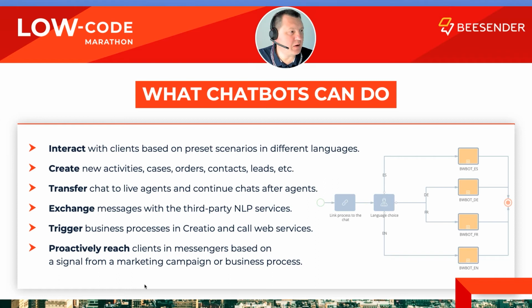Sometimes our customers want more than just a rule-based chatbot. They want to have a virtual assistant that behaves as a real person. For this purpose, they need so-called natural language processing chatbots, and these chatbots can be built with the help of our product as well.